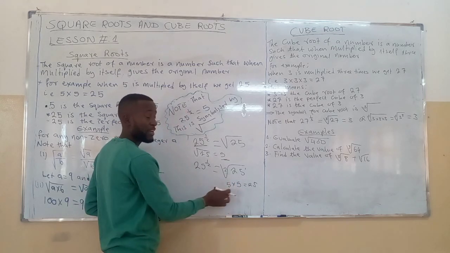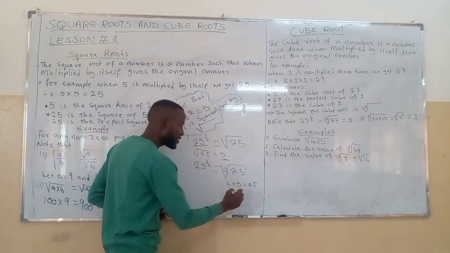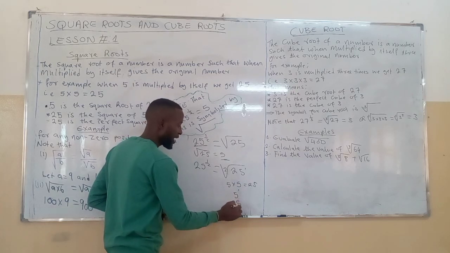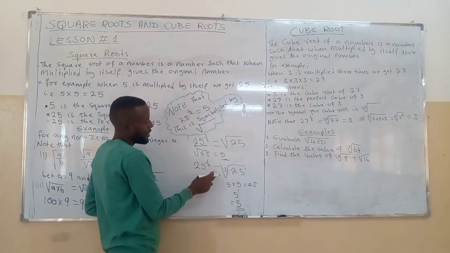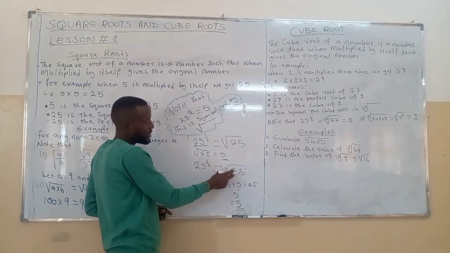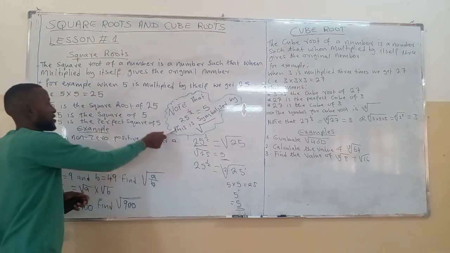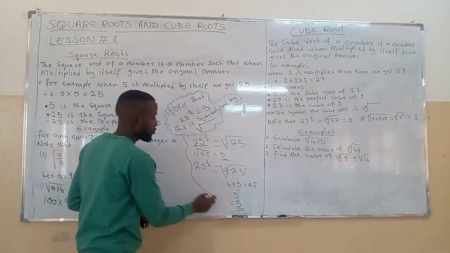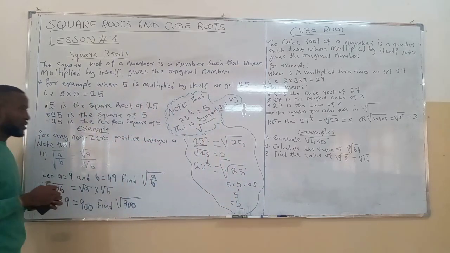Then I raise the number to power 1, and when I simplify this, that will be my final answer. We know 5 to the power 1 is simplified. So the square root of 25 is 5. That is how you work out this one. This is how the notation works, so we can put it into writing.